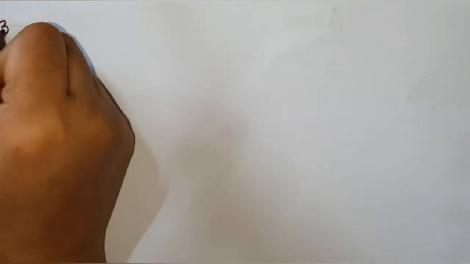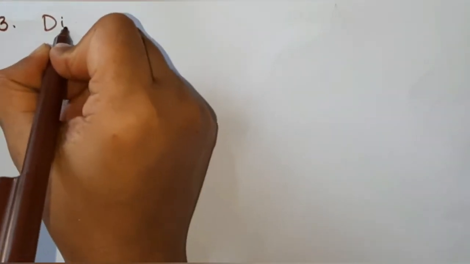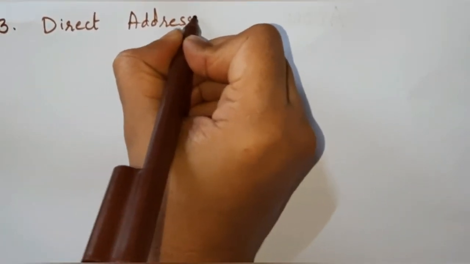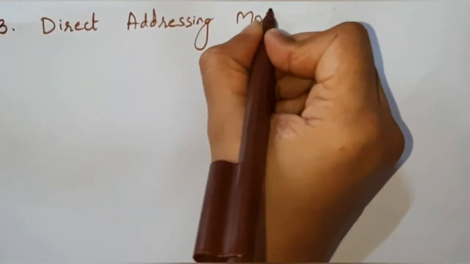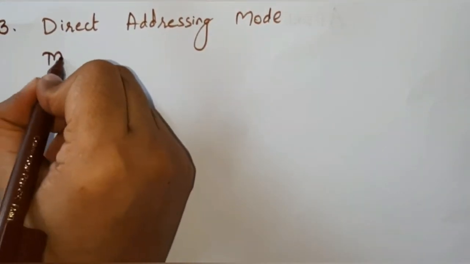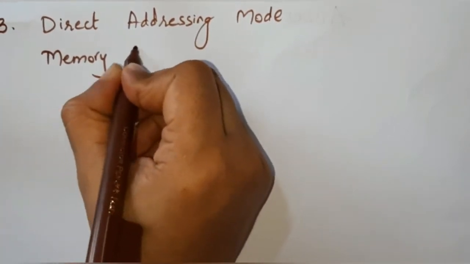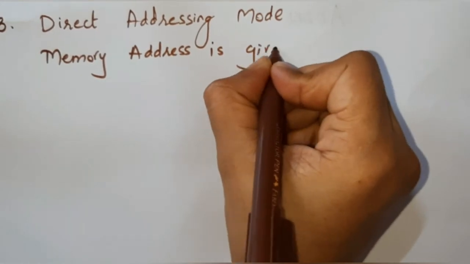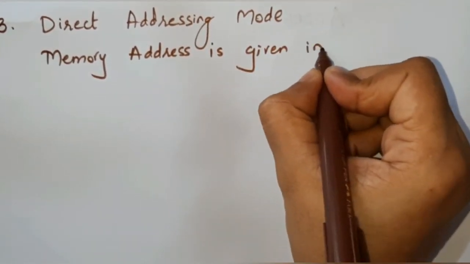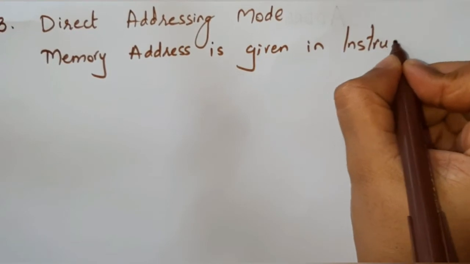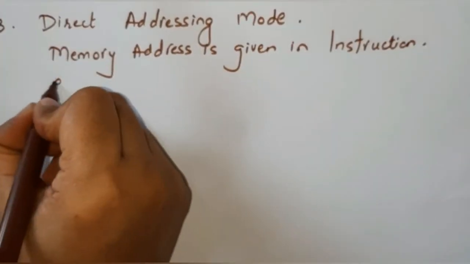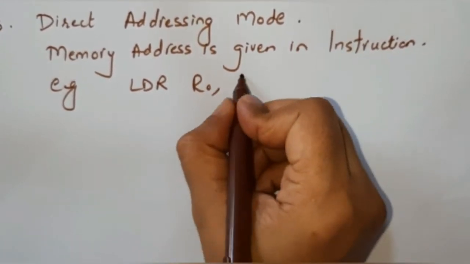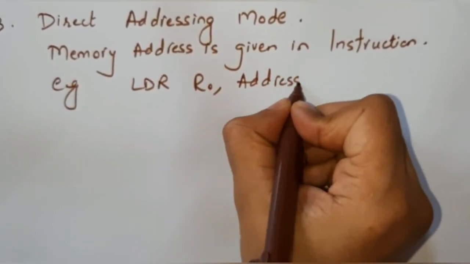So third is direct addressing mode. In direct addressing mode, the memory address is given in the instruction. Example, LDR R0, address.